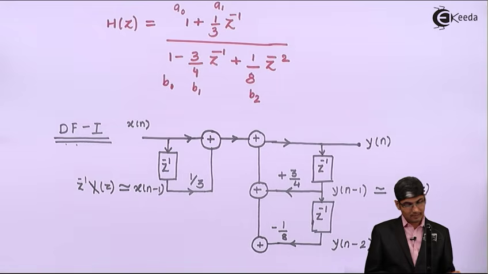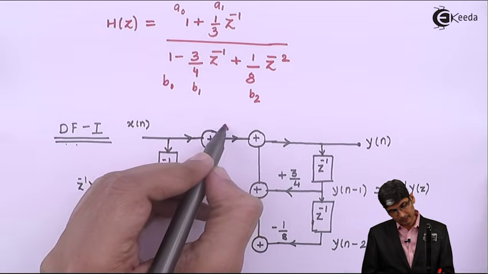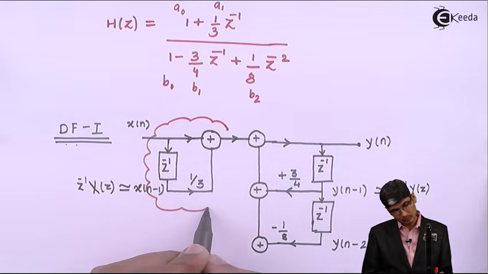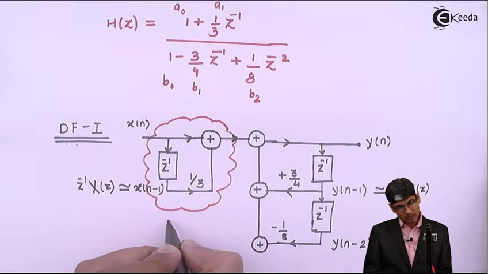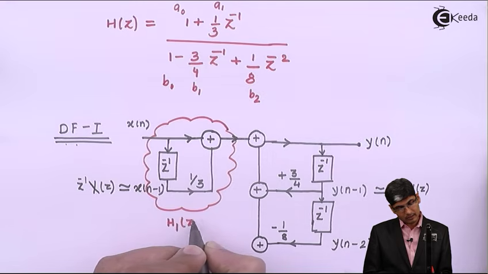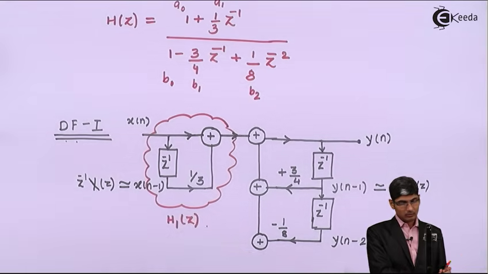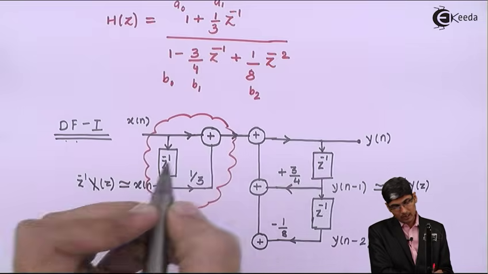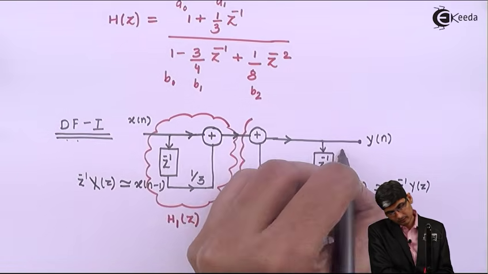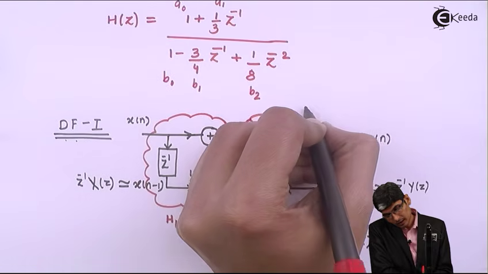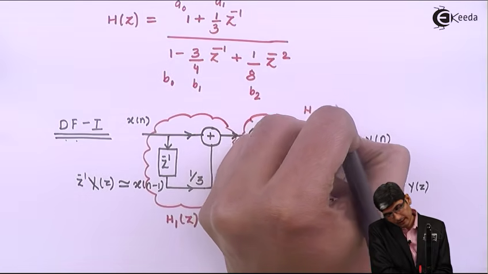So this system which you see on this side, which contains the numerator polynomial, is h1 of z. Now this is h1 of z, and this section is my h2 of z.